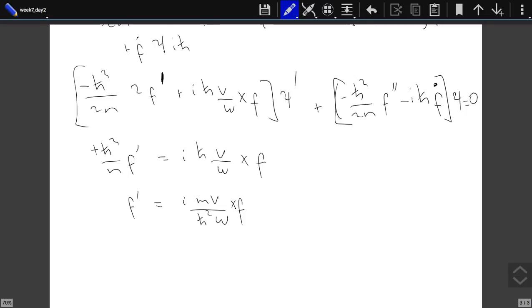So this tells me that f of x should be equal to e to the power i m v over 2 h bar squared omega x squared. So this is not h bar squared, this is just h bar.